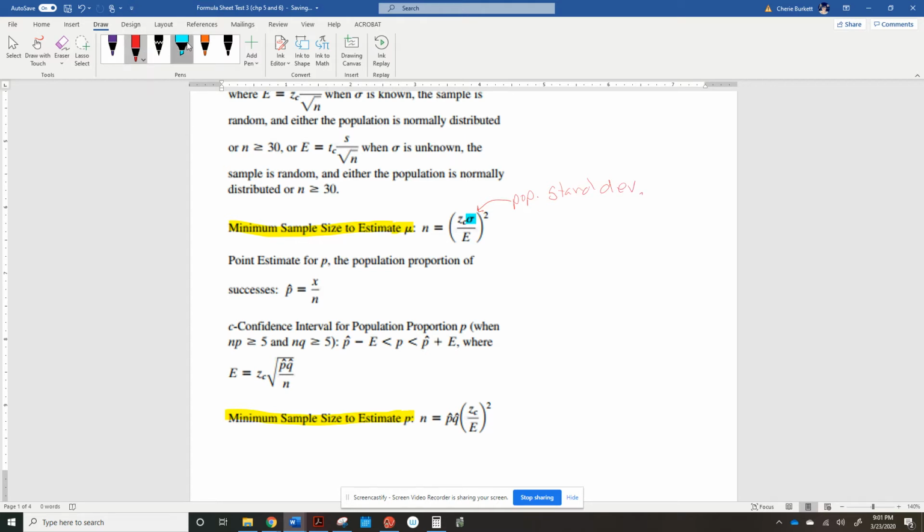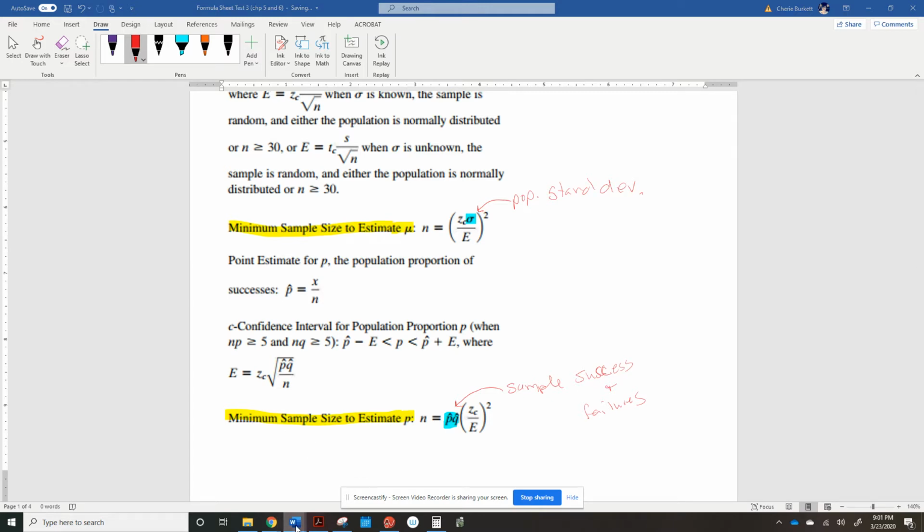And this one, you have to know your proportion of successes and the proportion of failures for your sample. Okay, you don't know a population standard deviation. So that's the main thing.